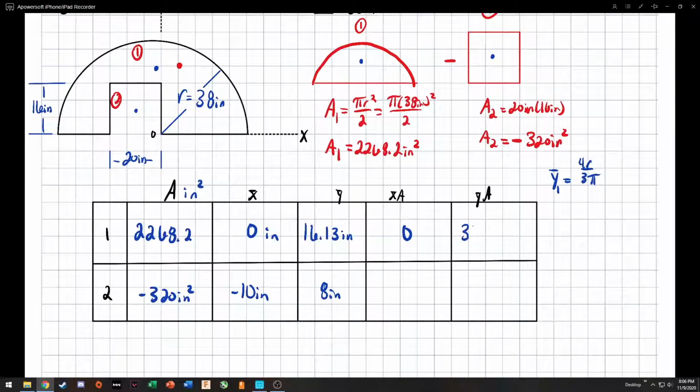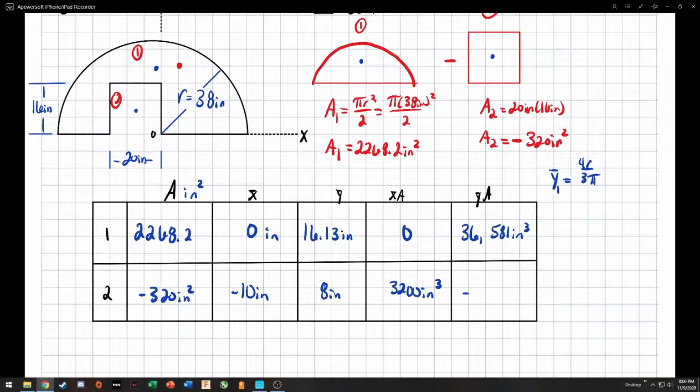We're going to get 36,581 cubic inches. Solving again for x bar times area on the second one, which is our rectangle, it's going to be a positive 3,200 cubic inches.